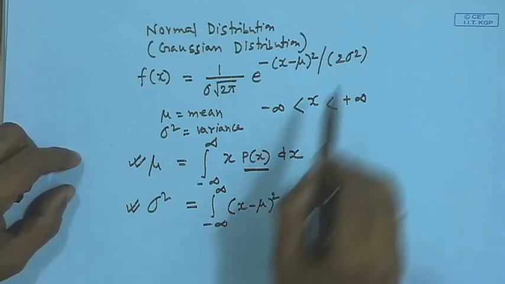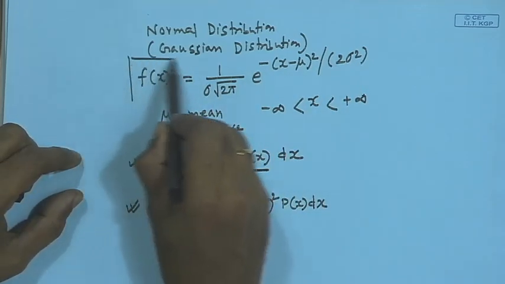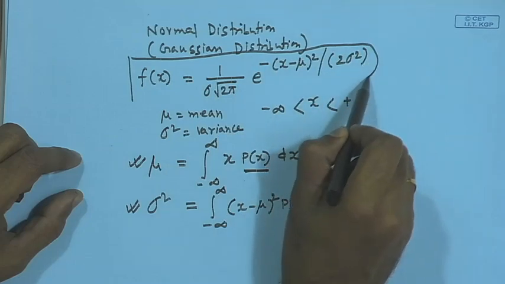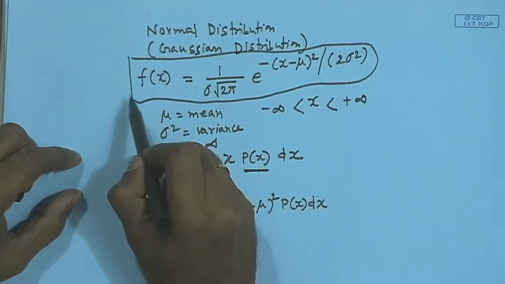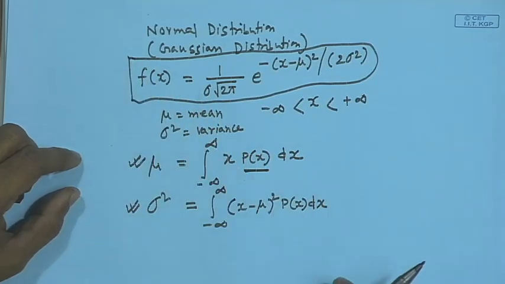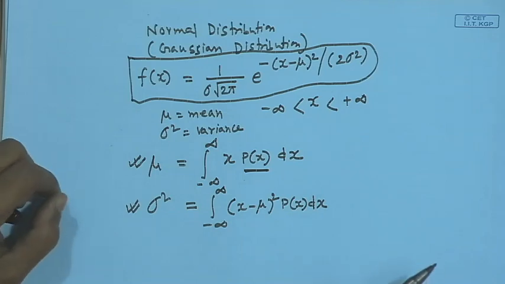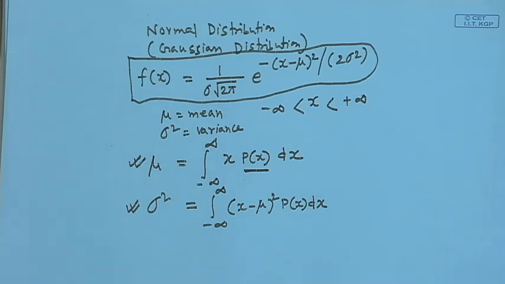So, if you look at the Gaussian or normal distribution function, it has two characteristic parameters. One is sigma, which is related to variance, another is mu, which is mean. So, the shape of the Gaussian or normal distribution function is determined by mu and sigma.